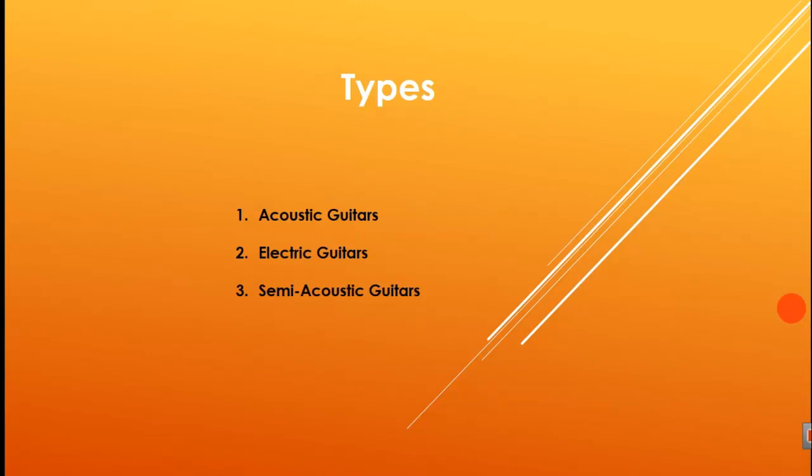Right, here we are now learning about the types of guitars, whereby we have acoustic guitars, electric guitars, semi-acoustic guitars. These are the types of guitars that we have. Let's bring out the pictures of these types of guitars.